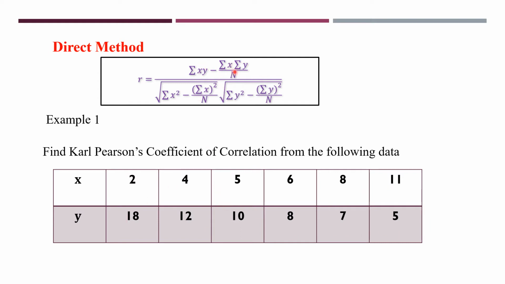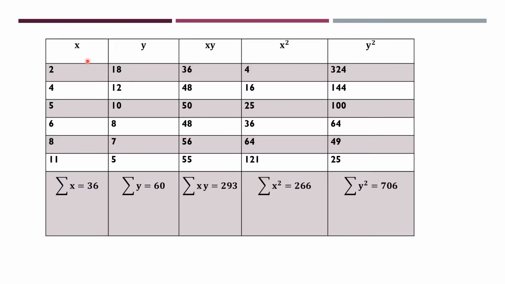So we have to form a table which contains summation x, summation y, summation xy, summation x square and summation y square. So in the next step, we are forming a table with x, y, xy, x square and y square.